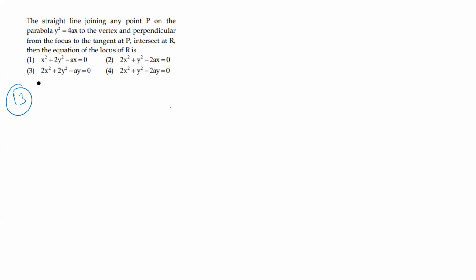Now, taking the standard parabola, y square equal to 4ax, any point on the parabola has parametric coordinates at square comma 2at. Now for this, what do you get for the focus?